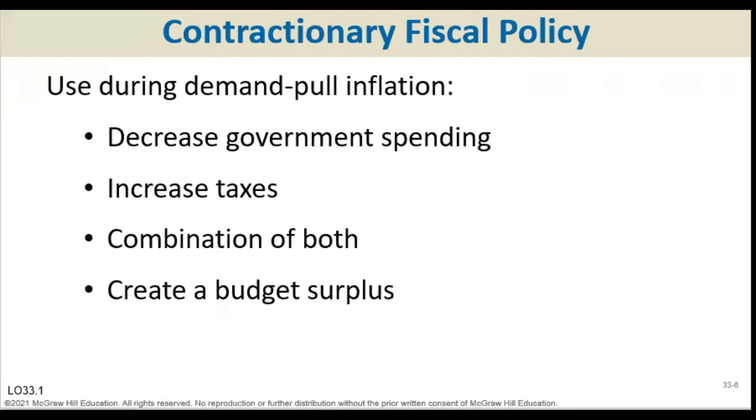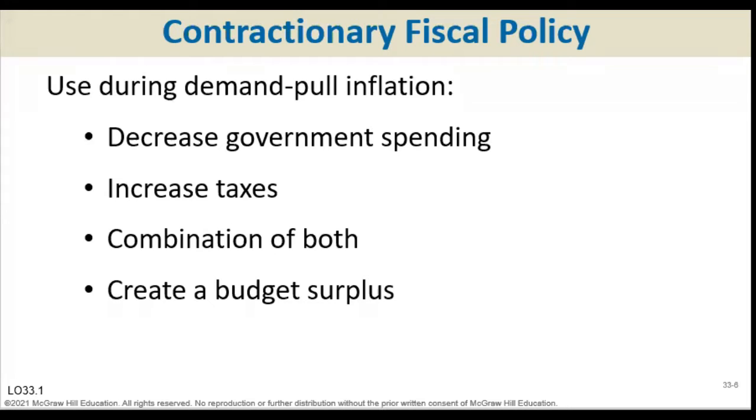So now that we've reviewed, we know what expansionary fiscal policy is. Let's look at contractionary fiscal policy. When the economy experiences demand-pull inflation, contractionary fiscal policy is the tool to use. The problem with inflation is that aggregate demand is too high.